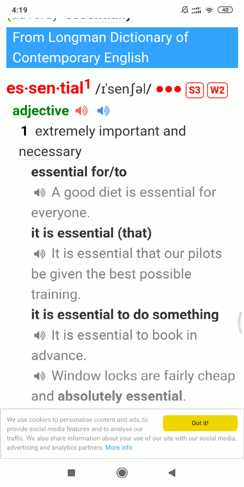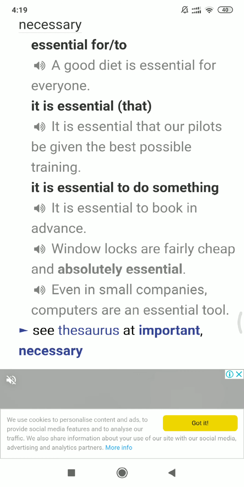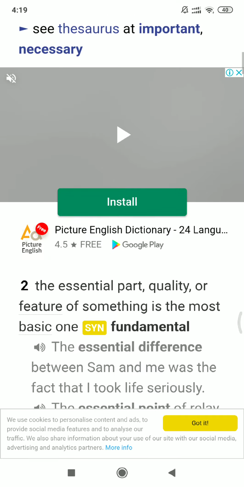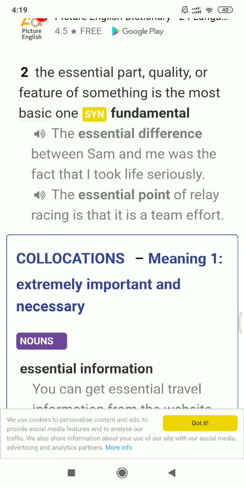You will also find the prepositions like for or to that are used with essential, or that, which is followed by a sentence, or to plus the verb. So this is very, very helpful and useful. And if you move further down, you will find the other meanings for this word, if they are found, of course, and maybe some synonyms.